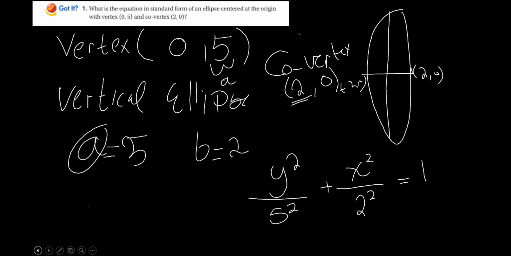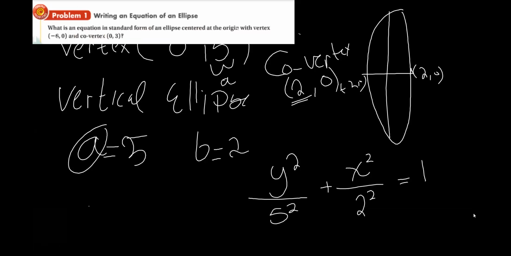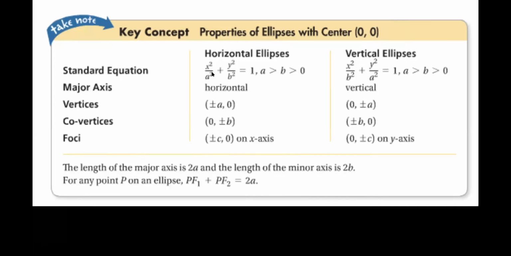Look at here, you have both of them equal to 1. Later on, I will tell you where we bring this one from. But for now, you have to know that if A is the greater one and it is under X, it will be horizontal.